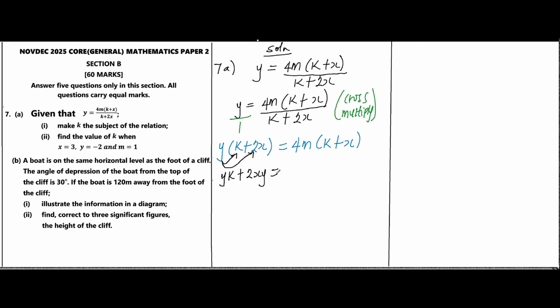So this must be equal to the same procedure. Let's expand this. So 4m multiplied by k and then 4m multiplied by x. So we have 4mk plus 4mx.